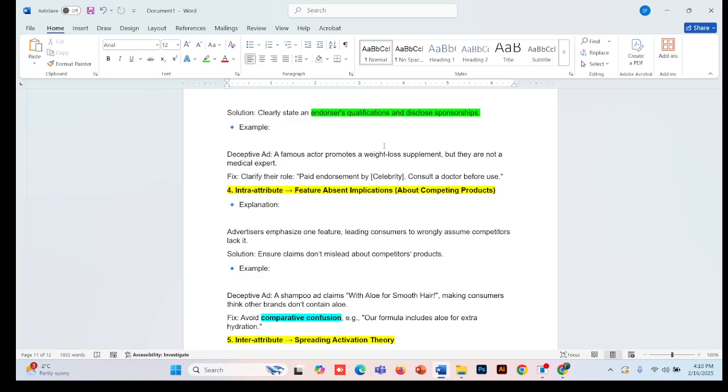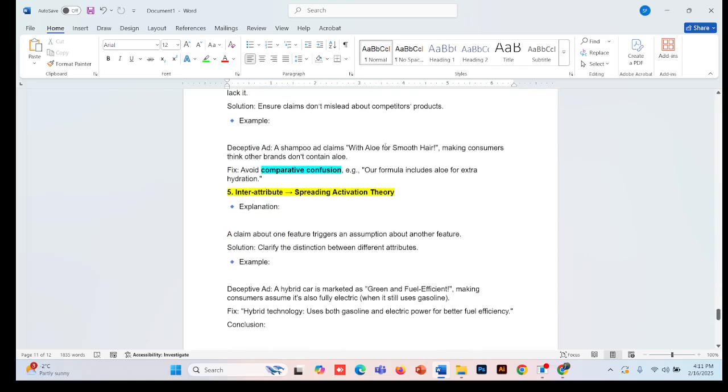But that brand is intentionally using this technical word that not all people know, and they might think that other brands might not have this element. So this is confusing comparison. Of course, for fair practice, brands should avoid such confusing comparison.